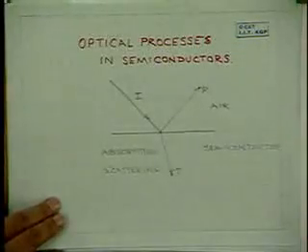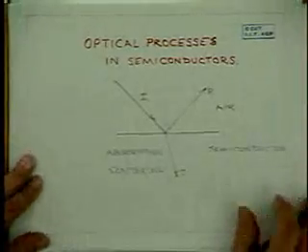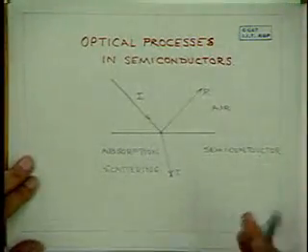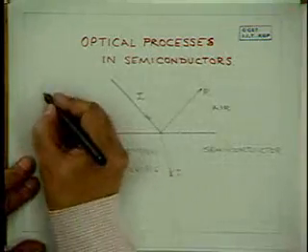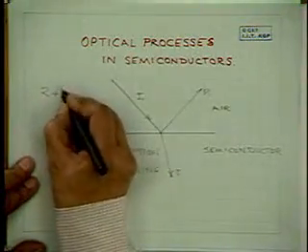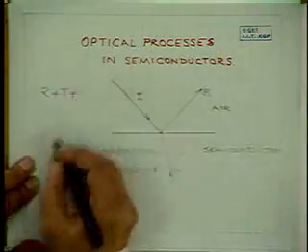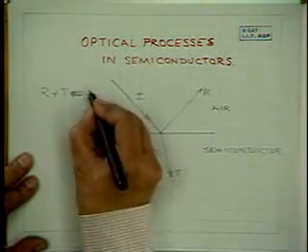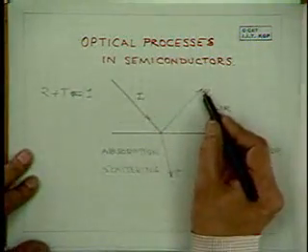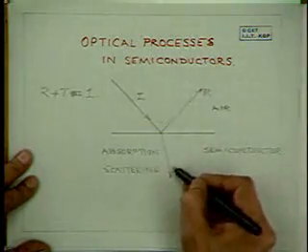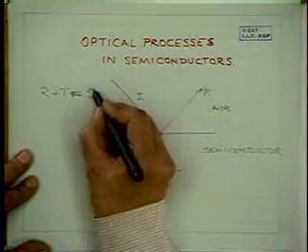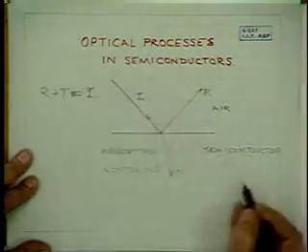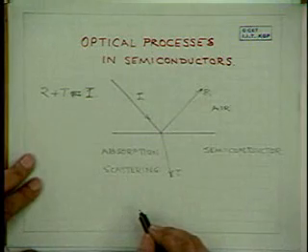Now, if we look at the phenomenon of reflection again, we know that the total amount of light reflected plus the total amount transmitted must be equal to the incident radiation. What is the amount of light reflected?